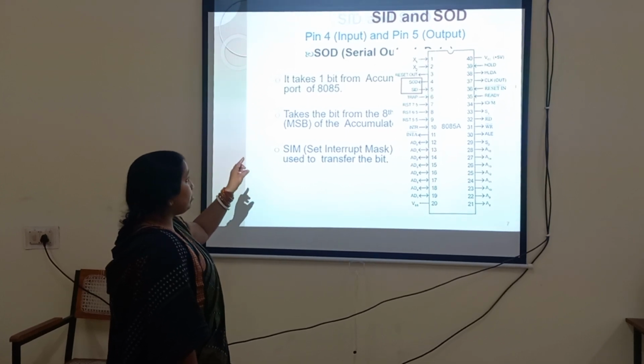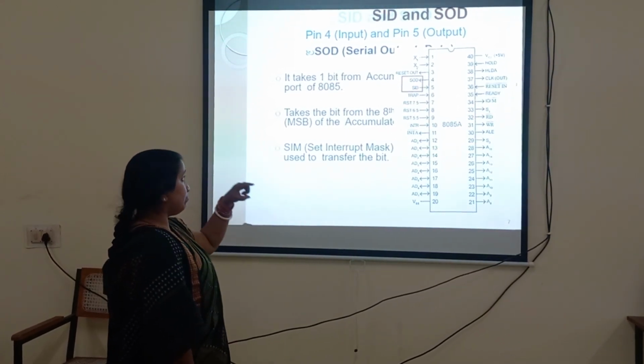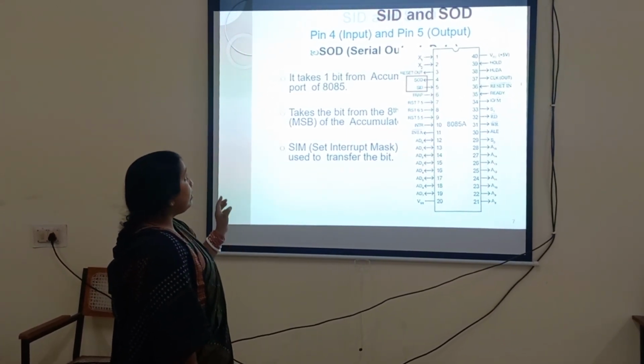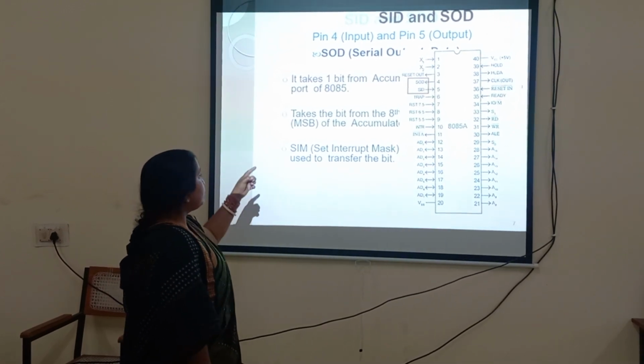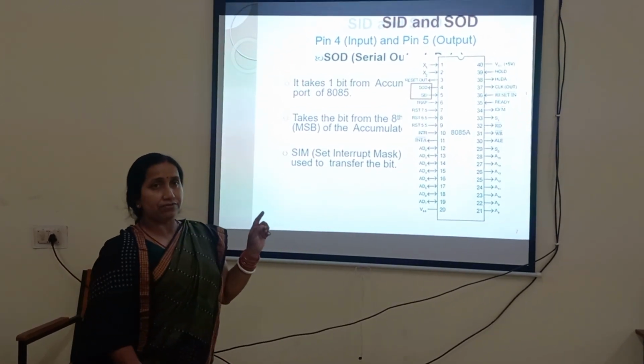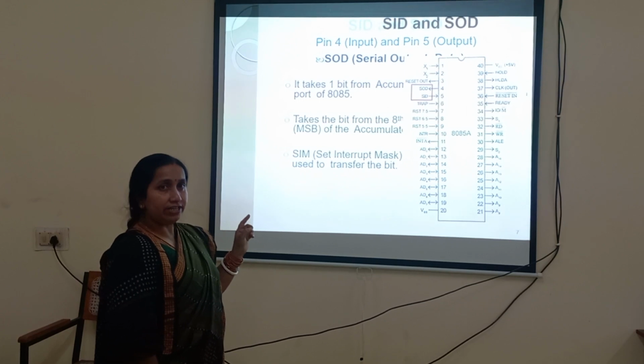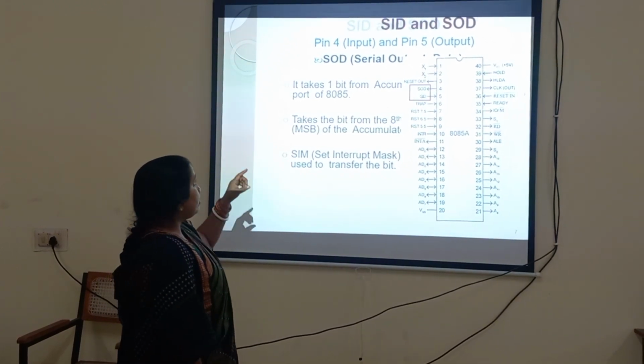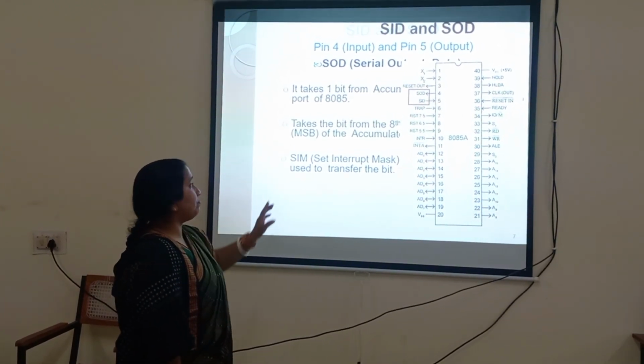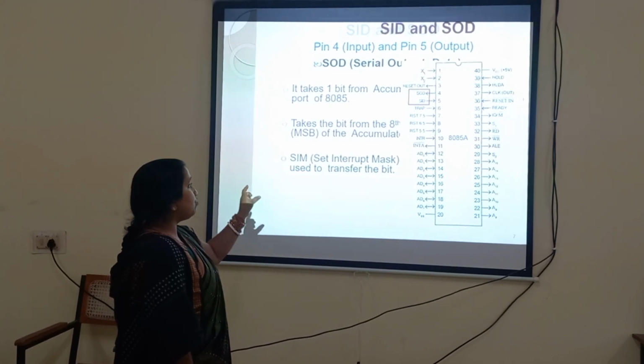It is operated using SIM, where SID is operated with the read instruction, read interrupt mask, and SOD is operated with set interrupt mask, where it is used to transfer the bits.